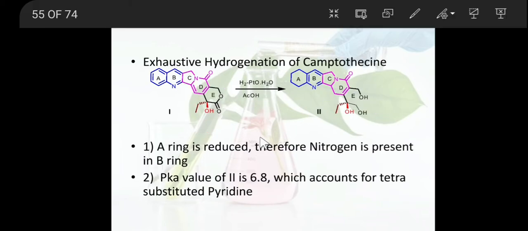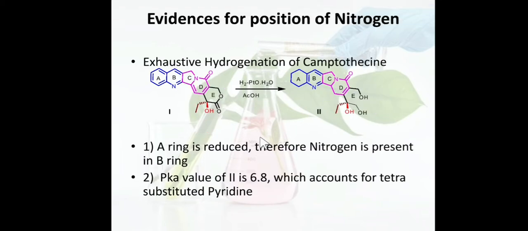Now friends, another approach used for the identification of the chemical structure of a natural product is the reduction reaction, or derivatization, or degradation study. Once we reduced this natural product with the help of H2/PtO2, we found that the A ring and E ring were both reduced, especially the A ring, and that the nitrogen present in camptothecin is not in the A ring, but in the B ring.